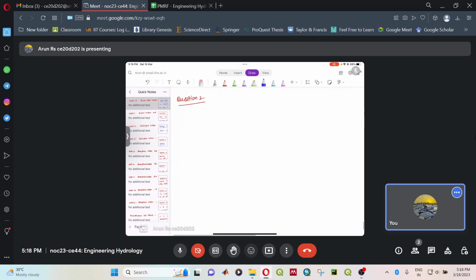So what they are saying is the unit hydrograph for this particular catchment is in the shape of a triangle. So we'll first draw that. So this is the unit hydrograph, and they have given the time base as 72 hours. So this is the time axis and this is the discharge.